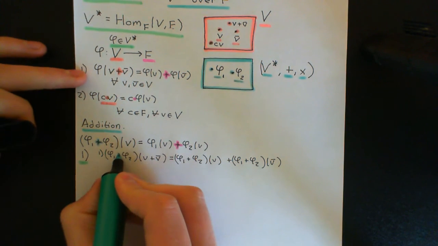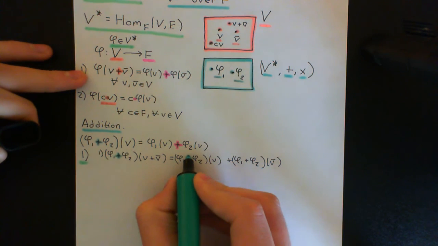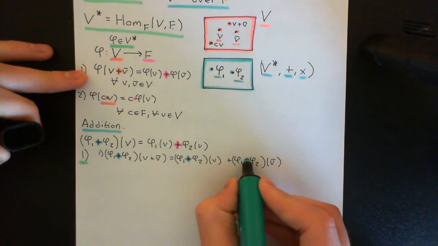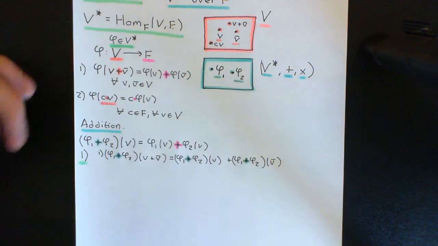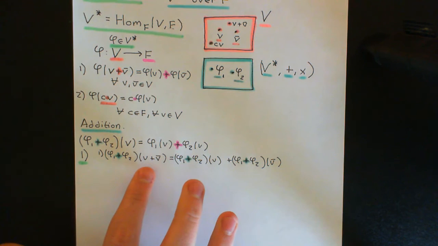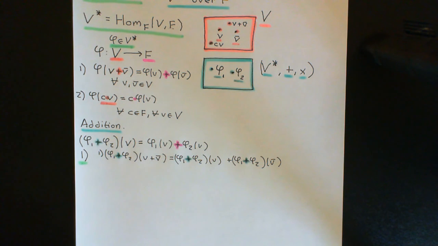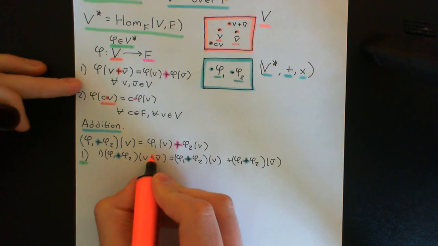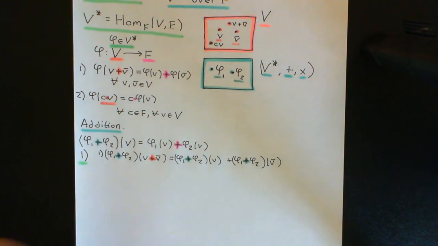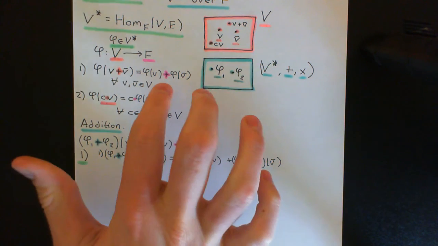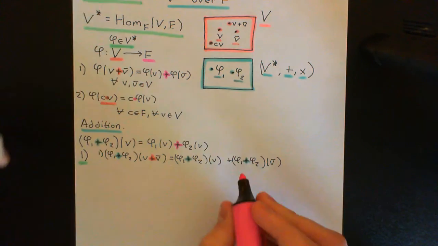So all these pluses are pluses in the dual vector space here, so I'll colour those in turquoise. Okay. This addition, where is that? Well, that's going to be addition in the actual original vector space in red here. This addition over here, where is that? Well, that will be addition in the field here.